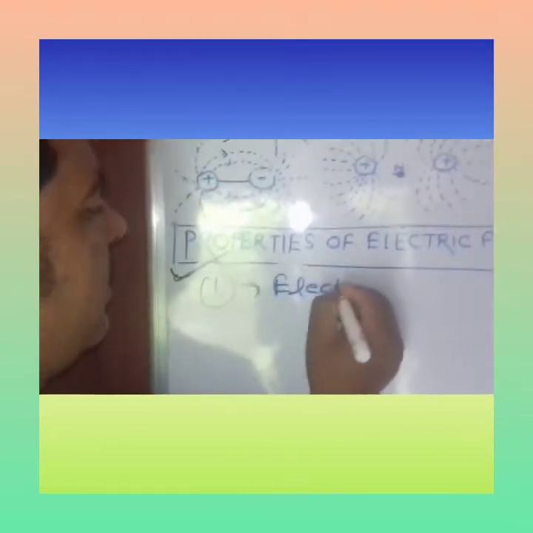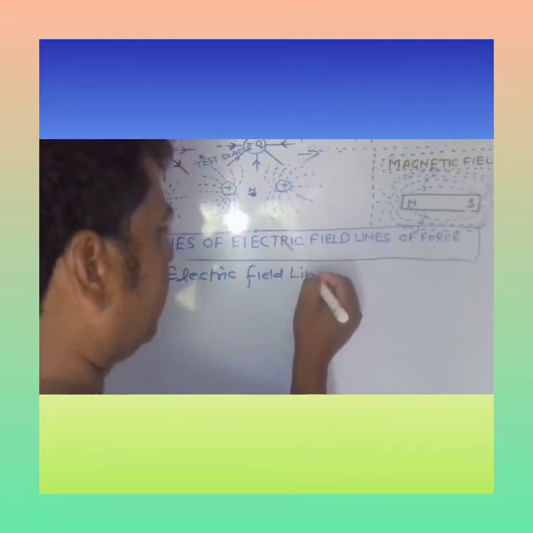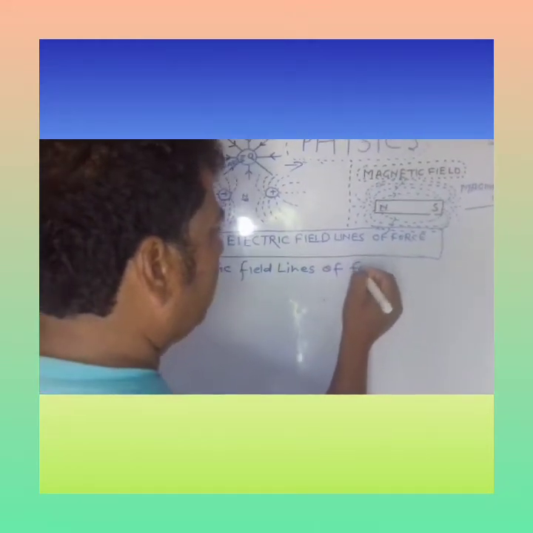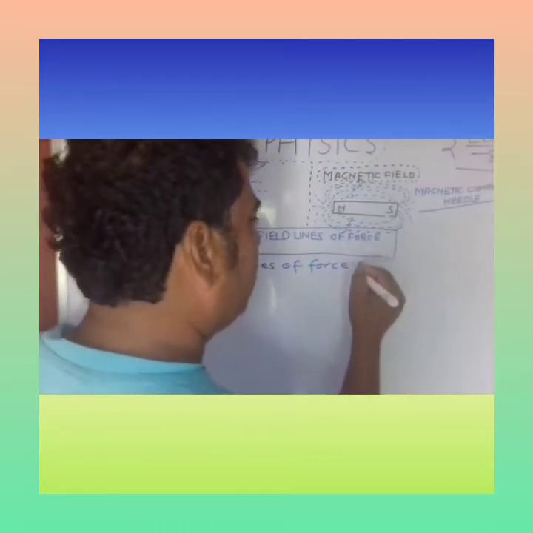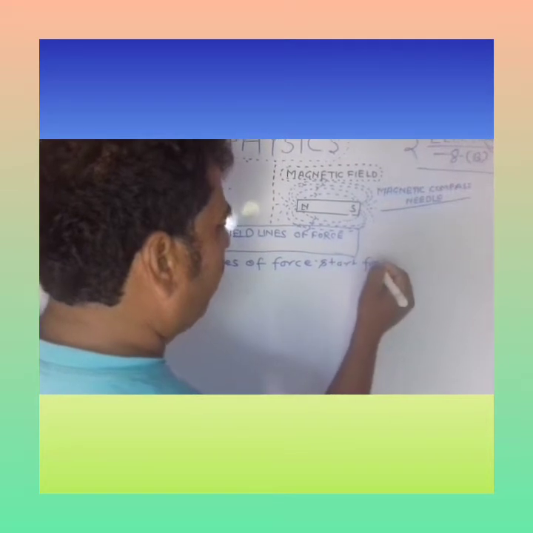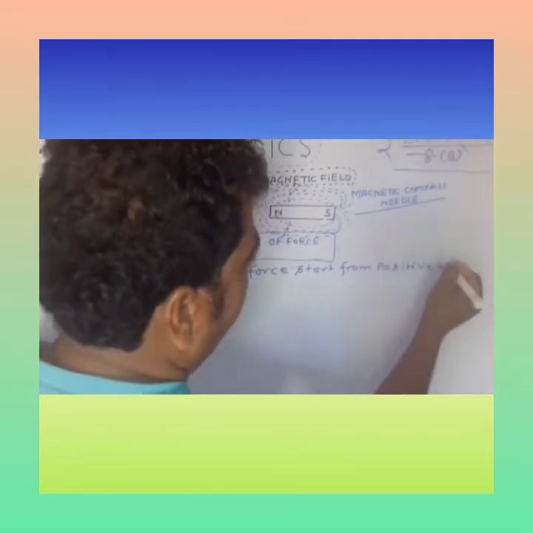Electric field lines of force start from the positive charge and end on the negative charge.